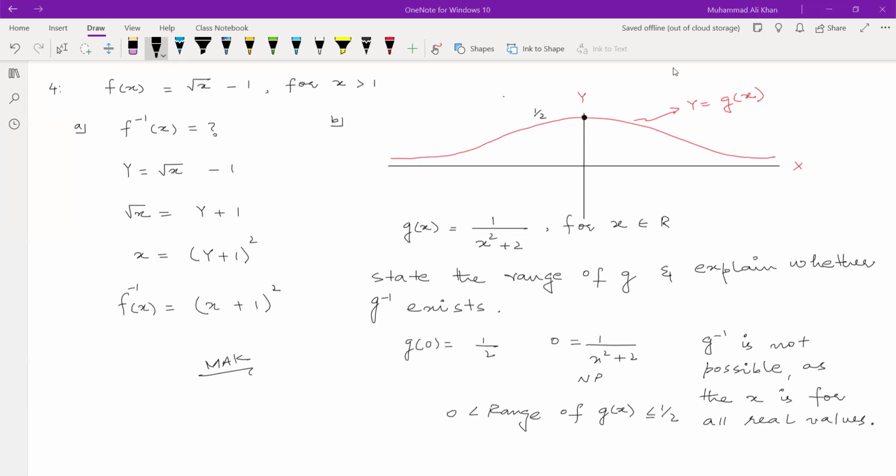It means we have to cover the whole function. We are unable to stop exactly at the center of the function g. That's why the inverse is not possible. Hopefully, this part B is also clear. Functions, and it's not a difficult question.